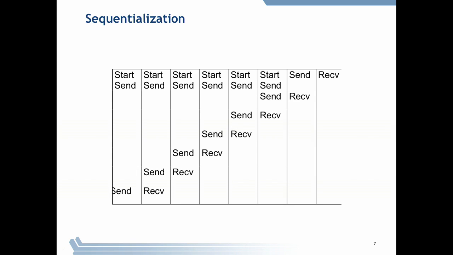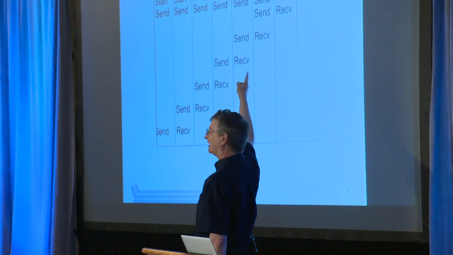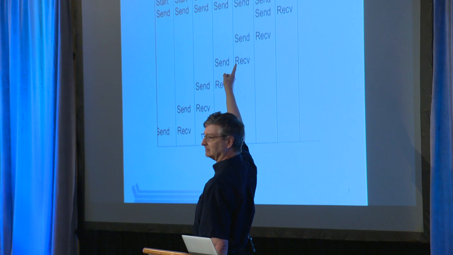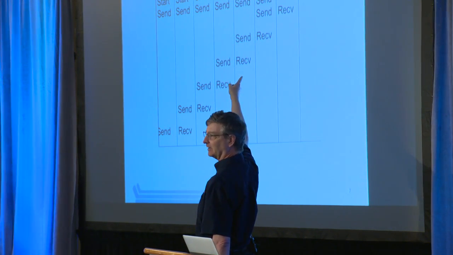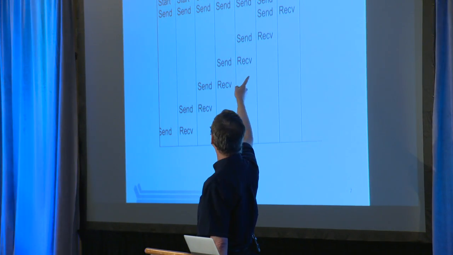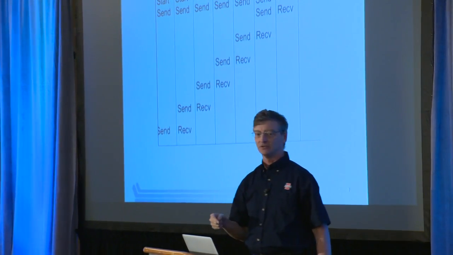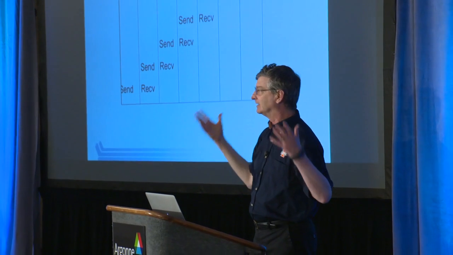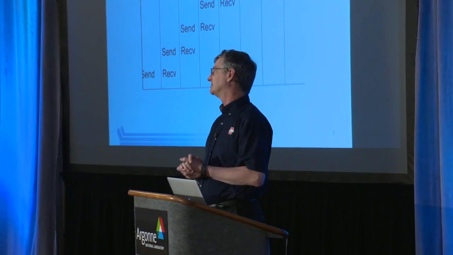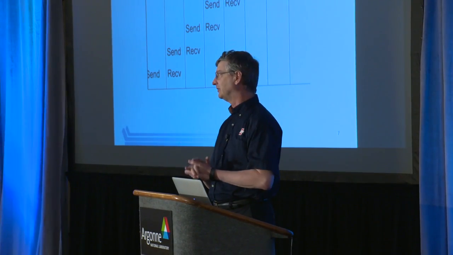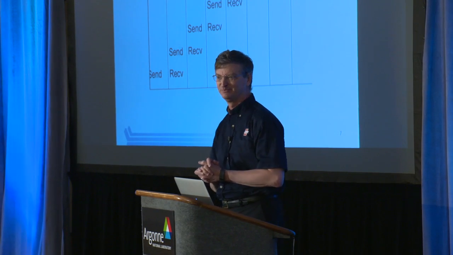So it does the receive. Then that allows the send to it to complete, allowing the next receive to happen, which allows the send to it to complete, and so forth. And so the worst thing about this is the code runs fine. You just think that it's slow, and that's got to be MPI's fault because MPI is fast.